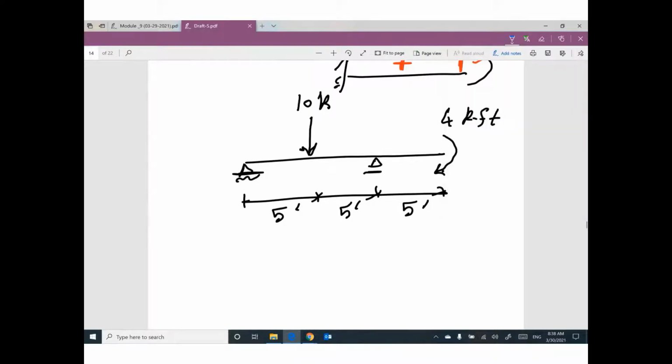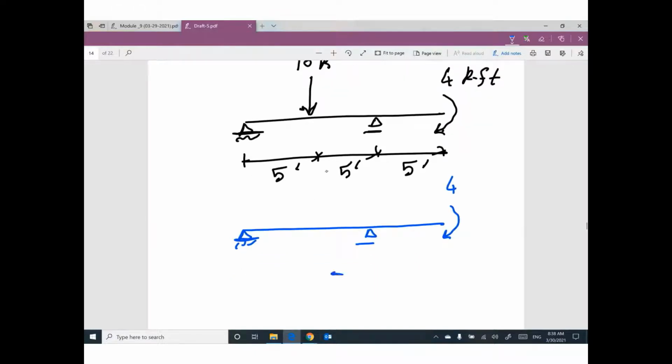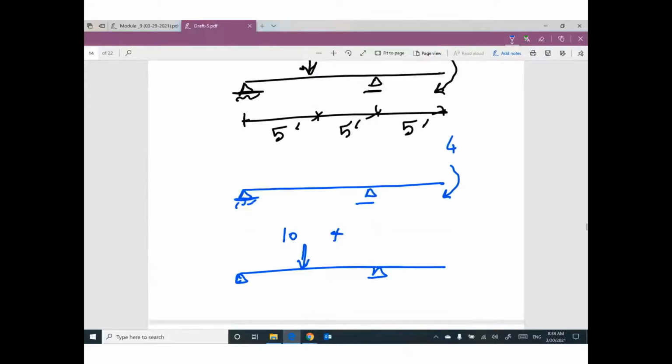First step, I will assume we have this moment alone. Plus, second step, I will assume we have this concentrated load alone. Do you have any other loads? No. So we have two cases only.